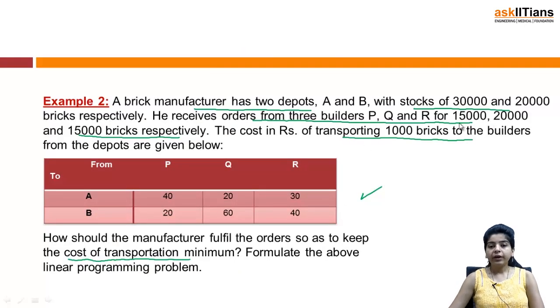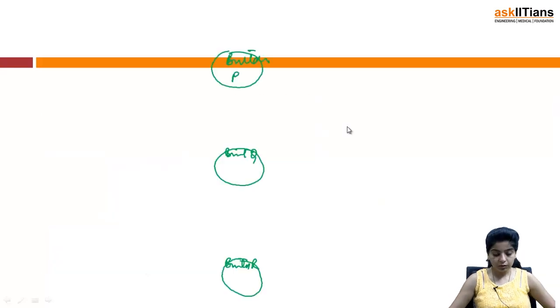Builders are P, Q, R and the orders are 15,000, 20,000 and 15,000 bricks respectively. So here we will write down 15,000, then I will have 20,000. Let me write it with a different color so that you are able to understand it.